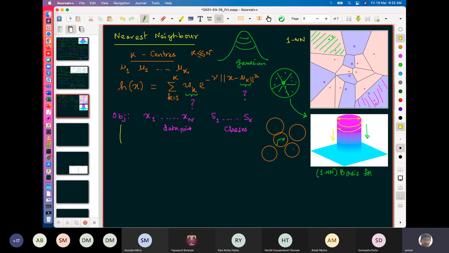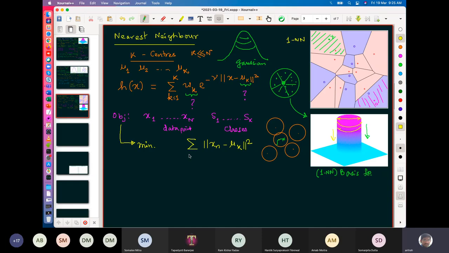What will be my objective function with respect to this? I want to minimize, first of all, for every point, the distance to some center k.